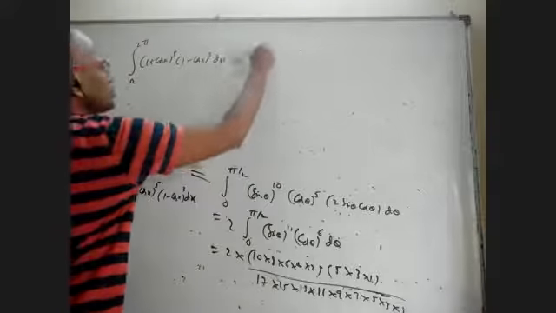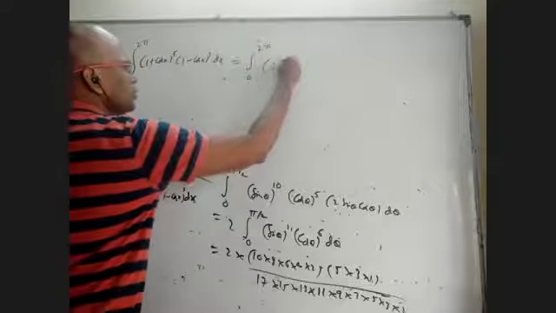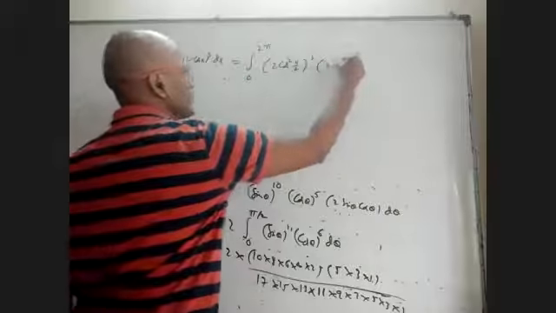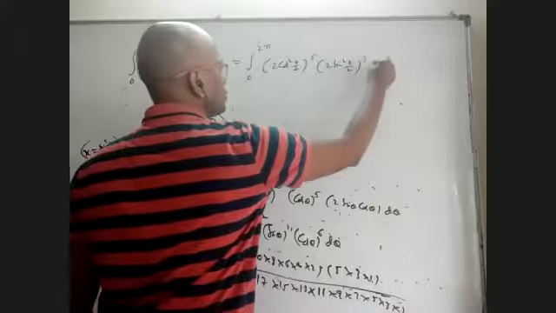So 0 to 2 pi, 2 cos square x by 2 whole power 5 and 2 sin square x by 2 whole cube.